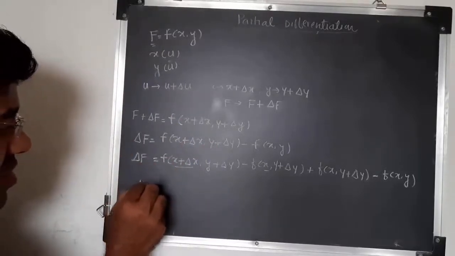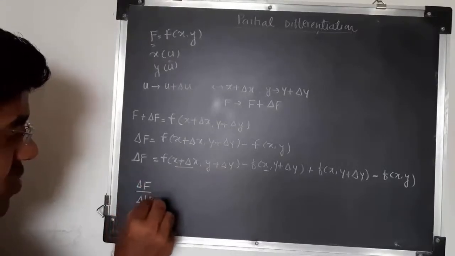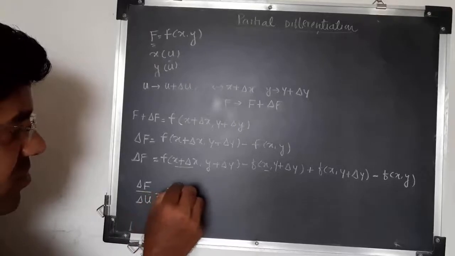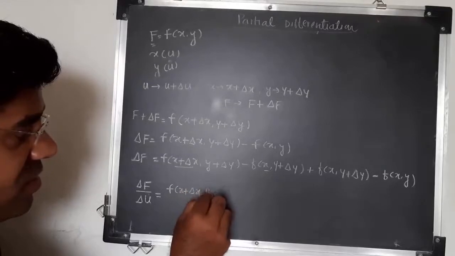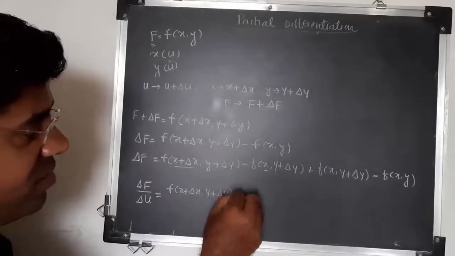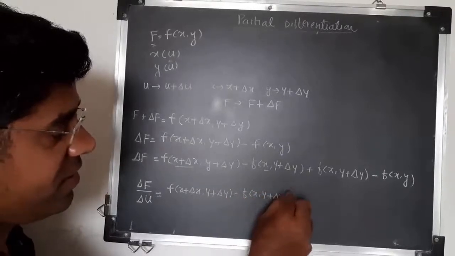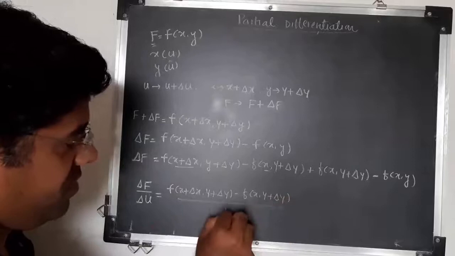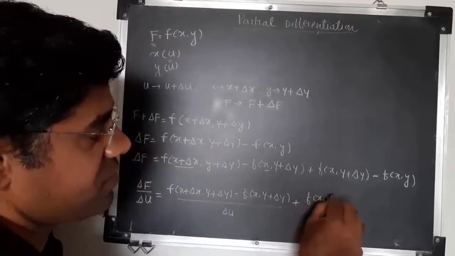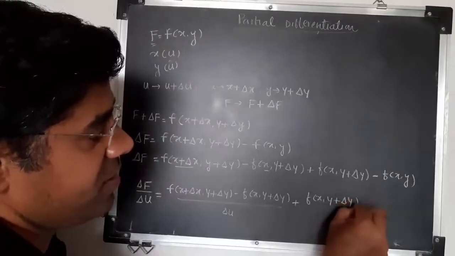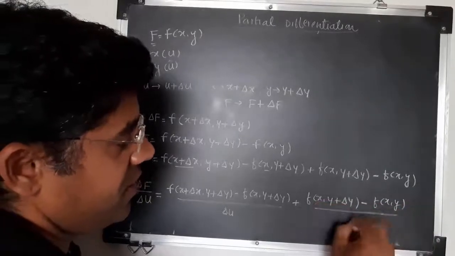So delta f divided by delta u is nothing but f of x plus delta x, y plus delta y, minus f of x, y plus delta y, divided by delta u, plus f of x, y plus delta y, minus f of x, y, divided by delta u.